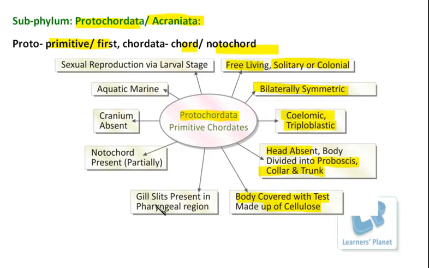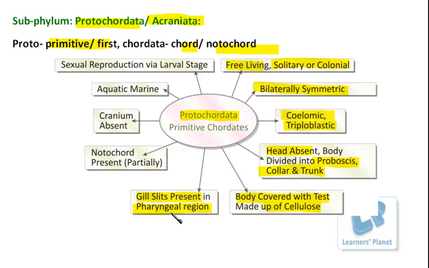In these organisms, definitely the gill slits are present in the pharyngeal region, and the presence of these gill slits is a peculiar feature of the chordates. As I discussed in the earlier session, all chordates have gill slits either throughout their life or in a specific phase of their life.